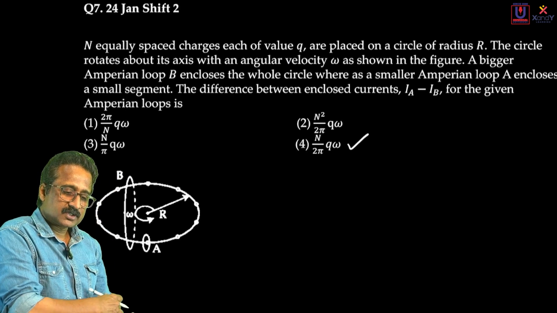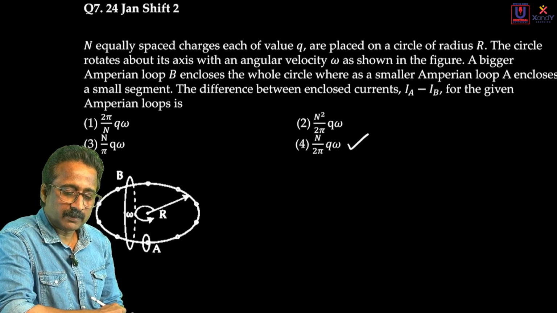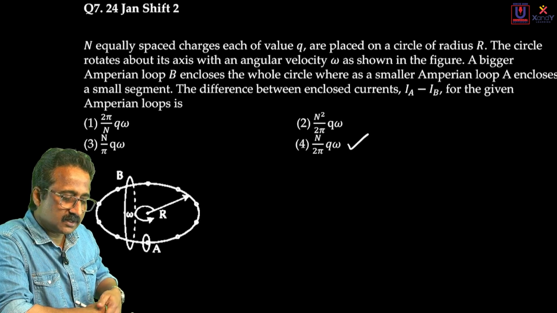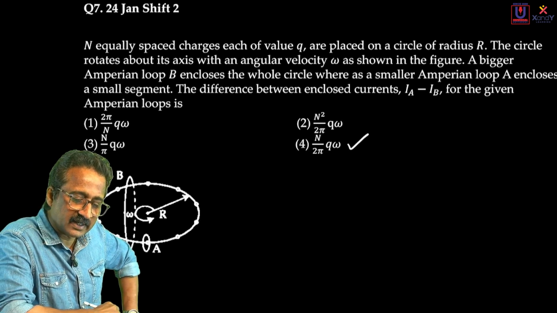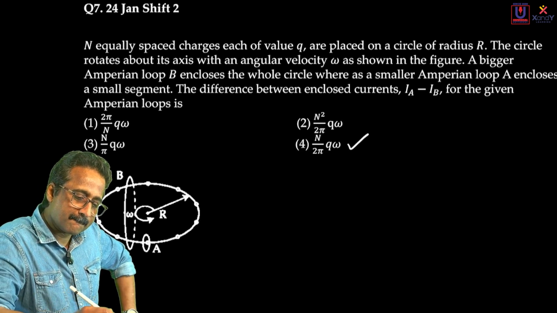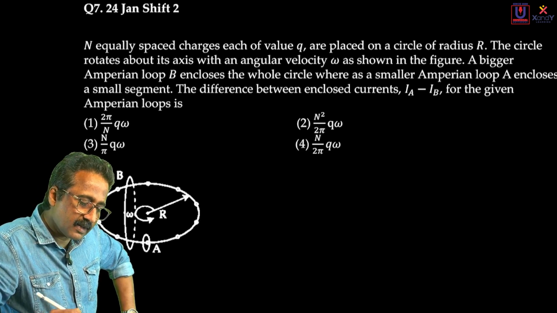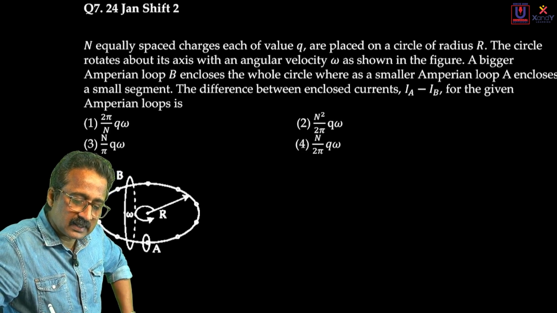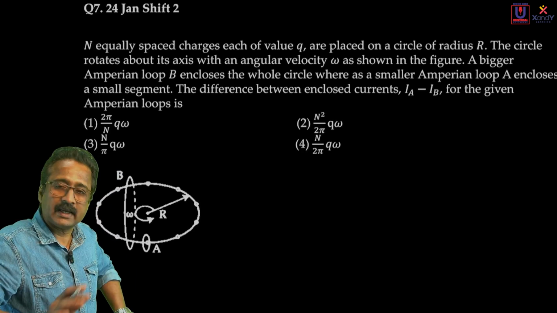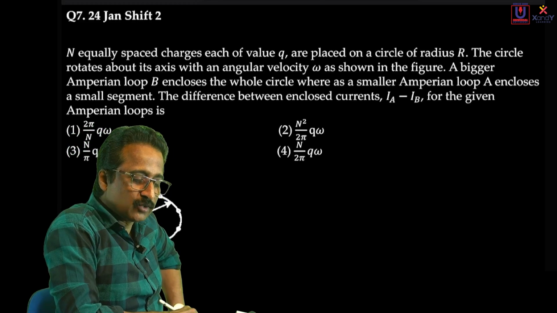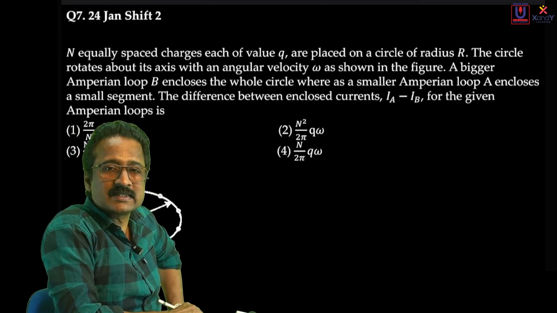N equally spaced charges, each of value q, are placed on a circle of radius r.